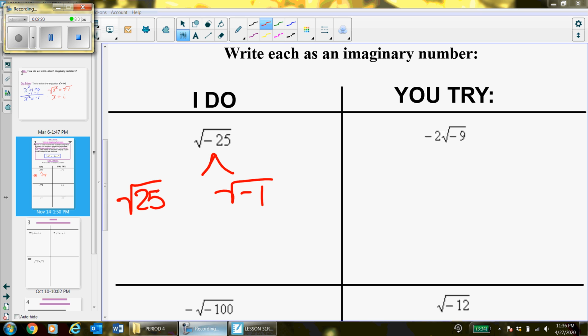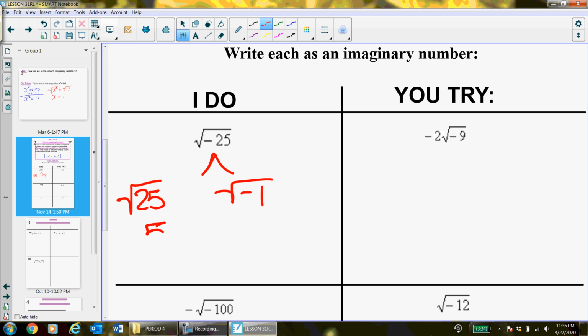The square root of 25 is 5, and the square root of negative 1 is i. So even though I wrote it kind of separately, the answer is 5i here, okay?